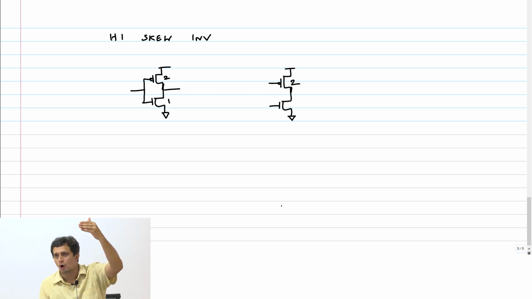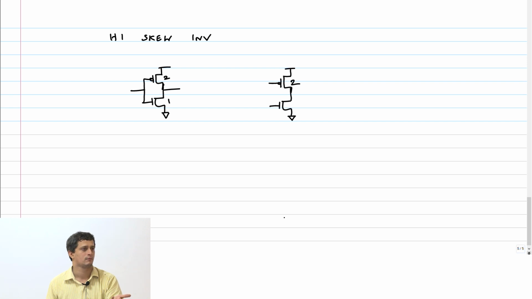So when the output is rising through the PMOS transistor, the capacitance that is coming from the NMOS is a dead weight. Therefore, I am going to reduce that capacitance. So I will make this half, assuming that the unit width is larger than the minimum width allowed in the technology.